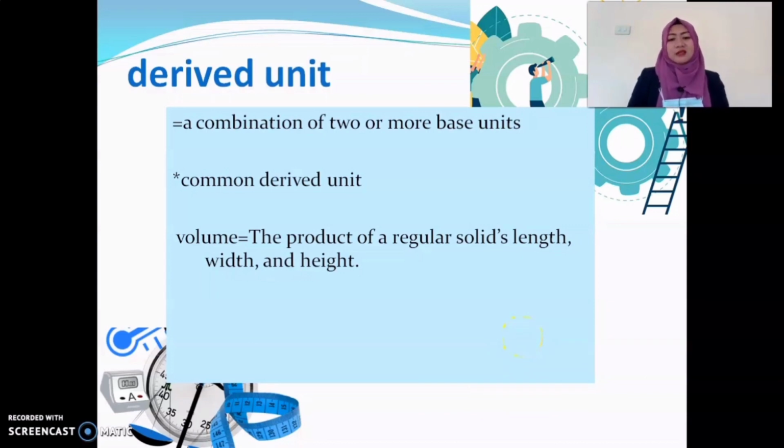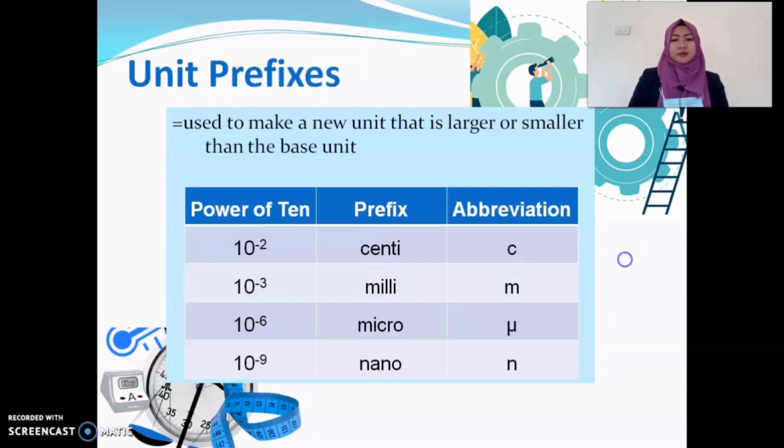Remember that in getting the volume of a regular solid, you consider its length, its width, and its height. So volume is equal to length times width times height of the regular solid. Therefore, the unit of volume is cubic meters.